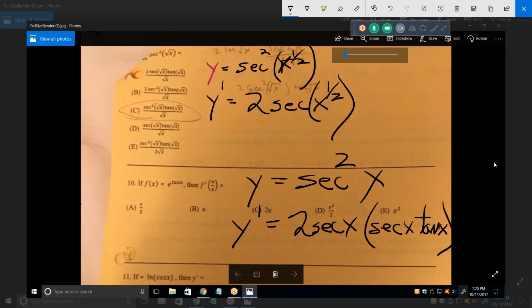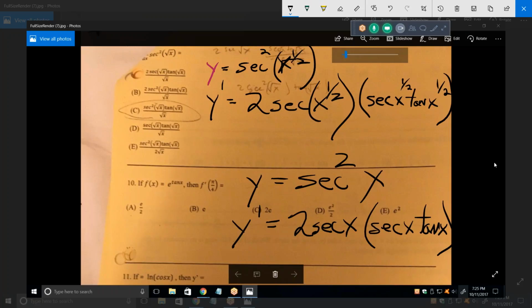So that is the derivative of the first inside.